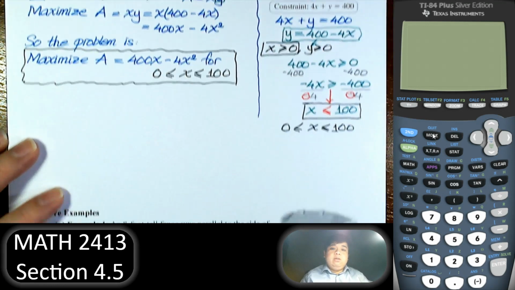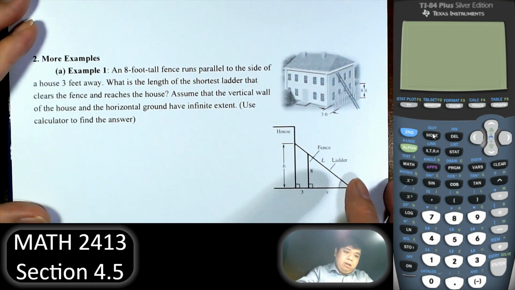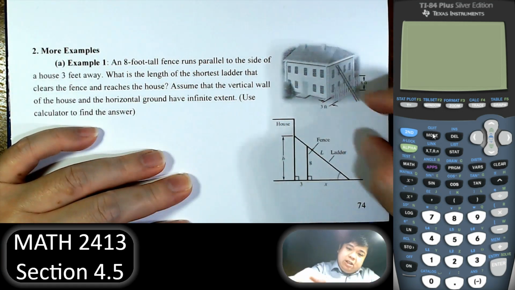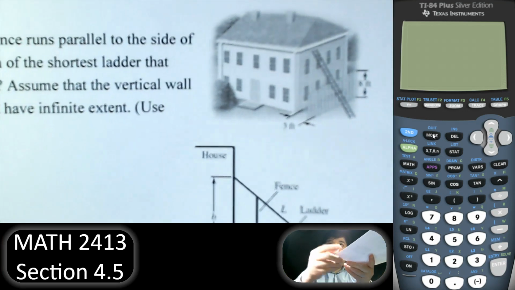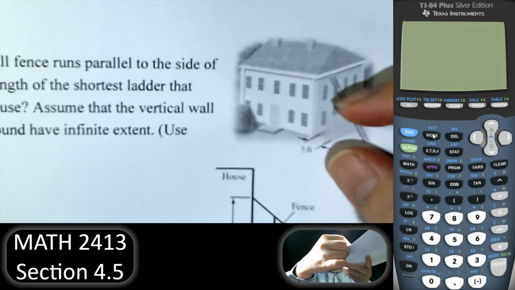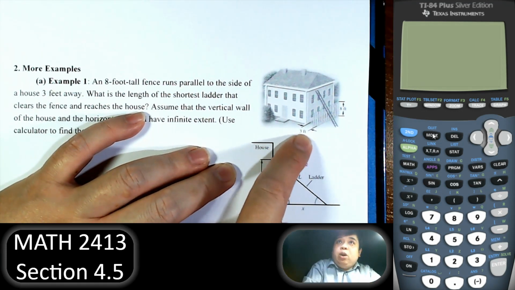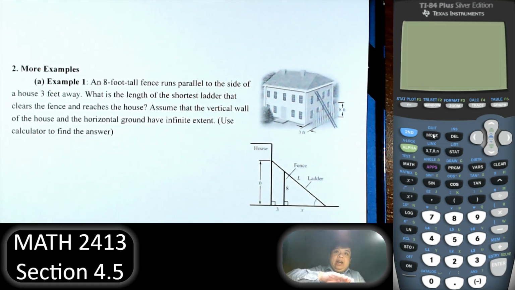Right, now let's look at another example. An 8-foot tall fence. So I have the fence. I'm not sure if you can see this, but this is a picture. The fence is 8 feet, and the fence is 3 feet away from the wall. Assume that the wall is indefinitely high, so we can extend as high as we want to.